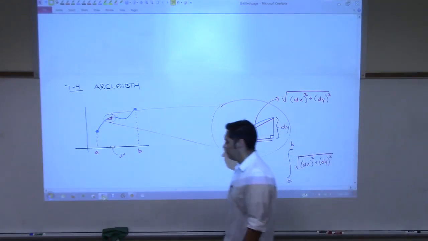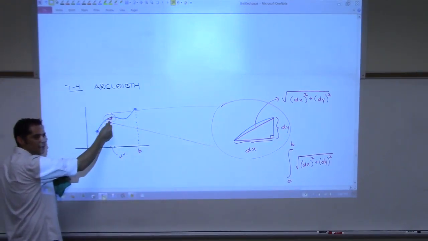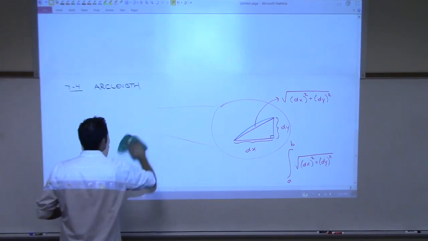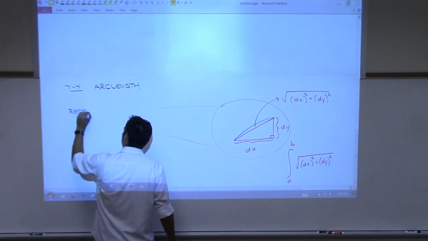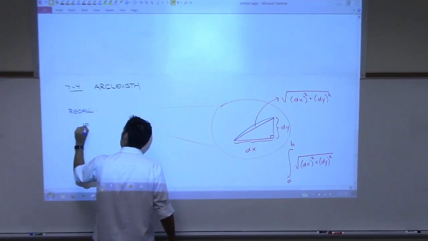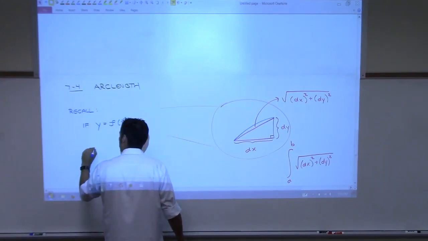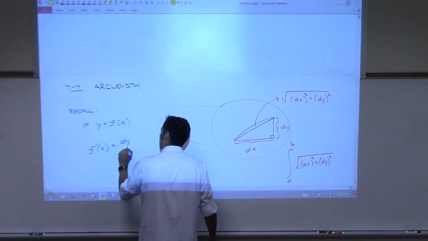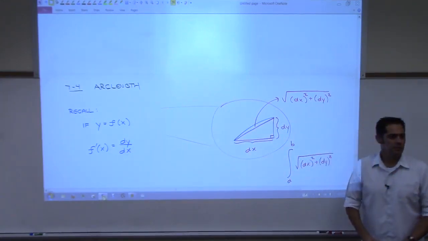All right. I mean, the setup is pretty straightforward though, right? Create this little infinitesimal right triangle, figure out its hypotenuse. So recall from Cal 1 some notation we had. If y is a function of x, then when we wrote f prime of x, we had another notation called Leibniz notation, which said that we would write that as dy dx, right?